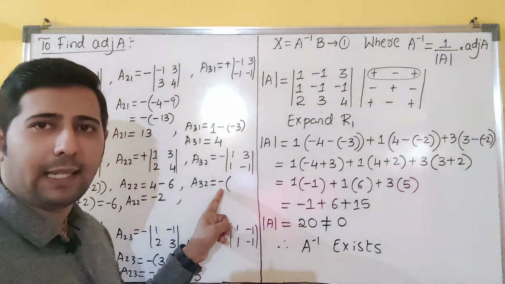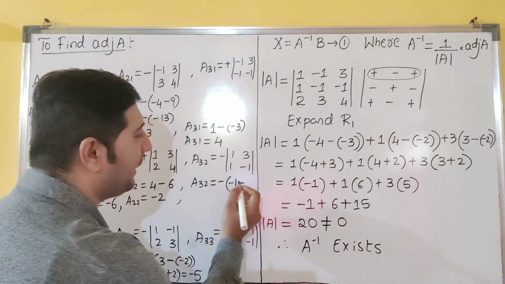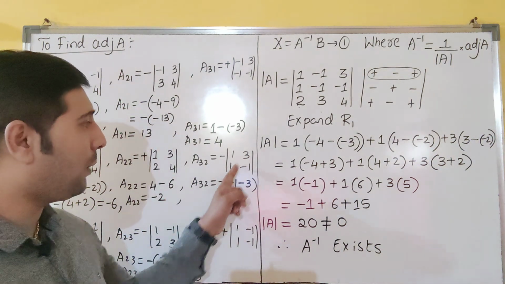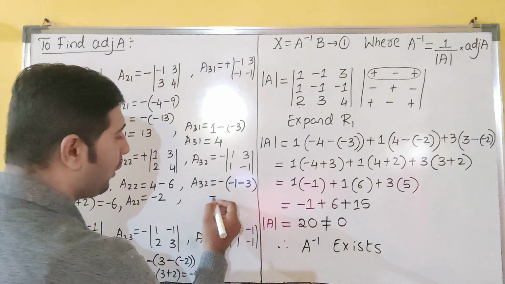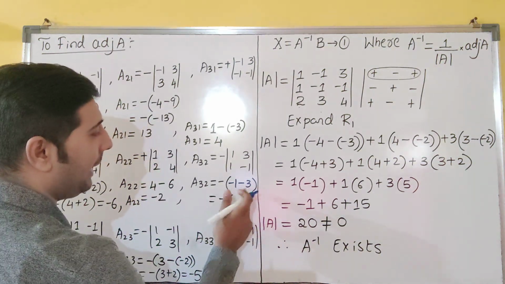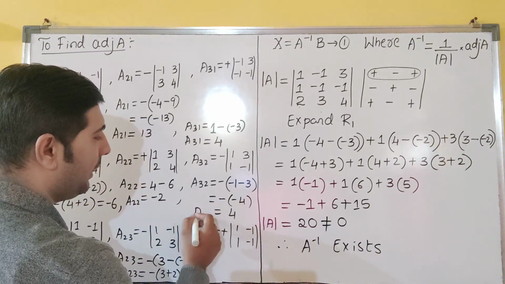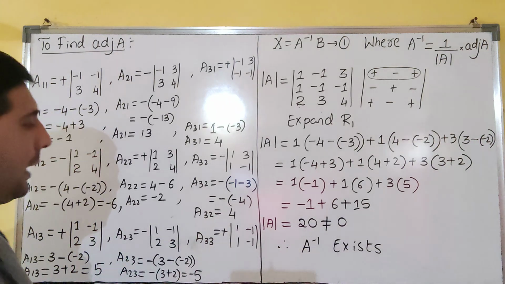Minus sign is a minus sign, you write, dear students. 1 into minus 1, minus 1. 1 into 3 is 3. Before multiplying 1 into 3, you should write the minus sign. You know that. So minus 1 or minus 3 is minus 4, minus into minus plus 4. This is A32. Clear everyone? A32 is 4.